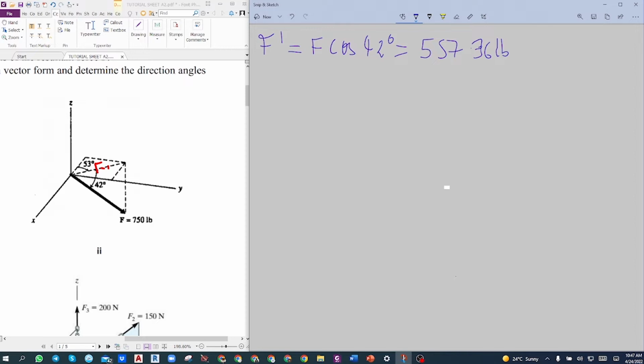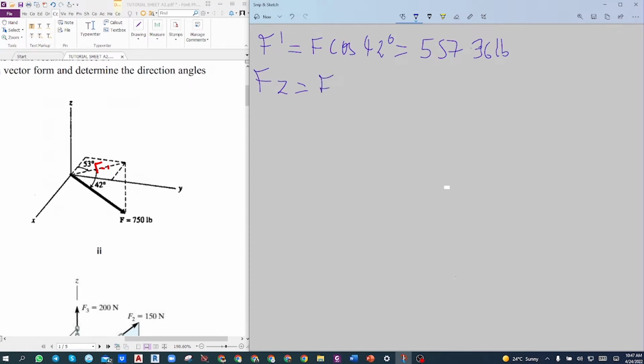Okay, and then we can find Fz, which in this case will be negative, because by observation I can see the z component has a negative component there.